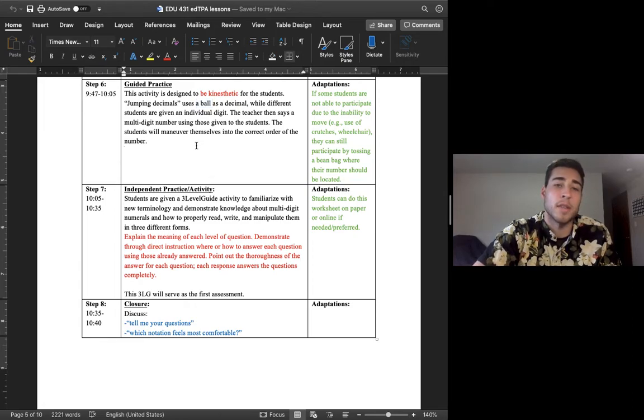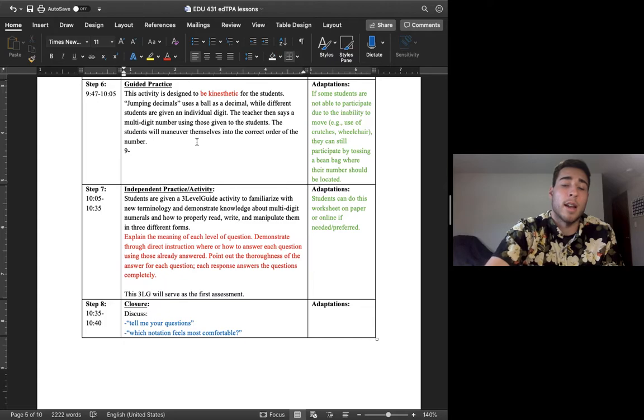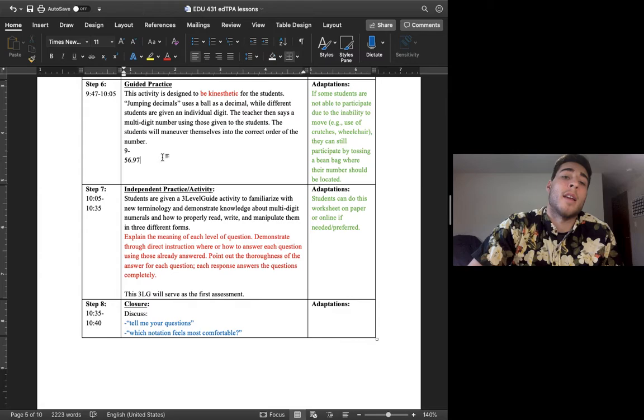So say we give a student number 9, they represent the number 9, and then I will say the number 56.97, or 56 and 97 hundredths.